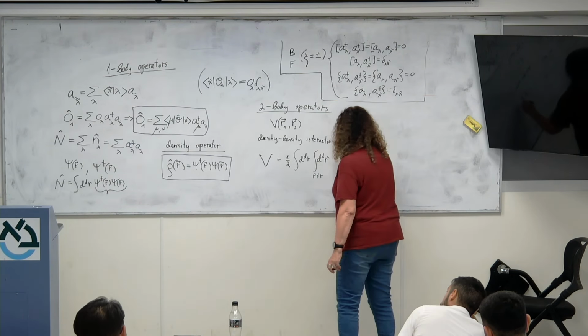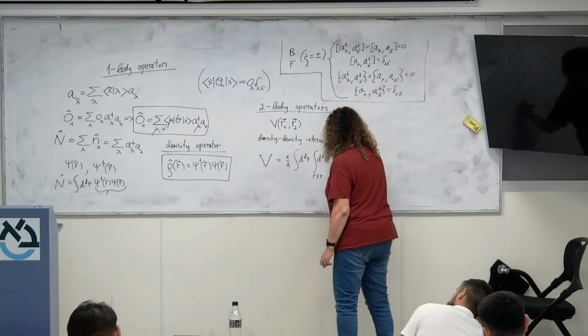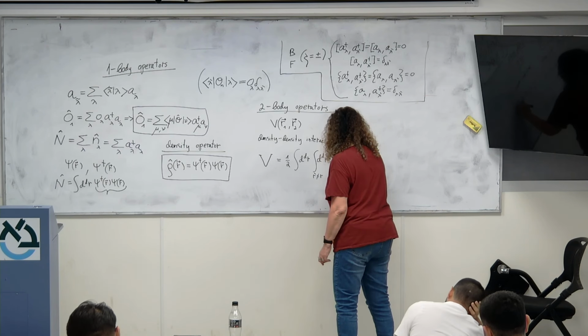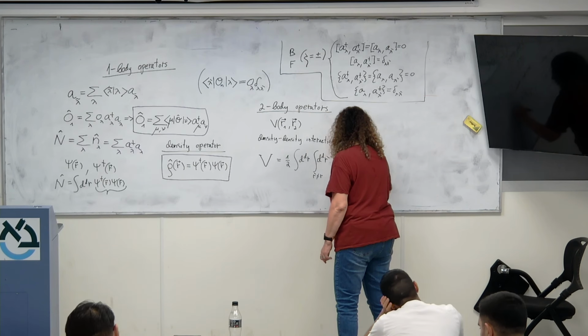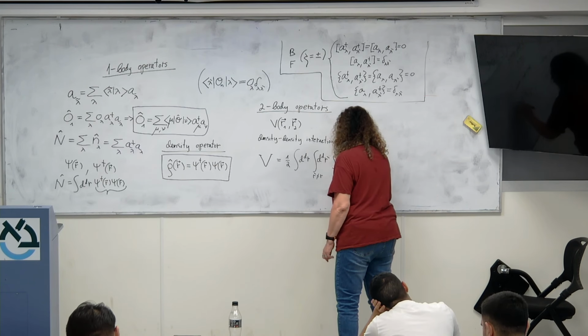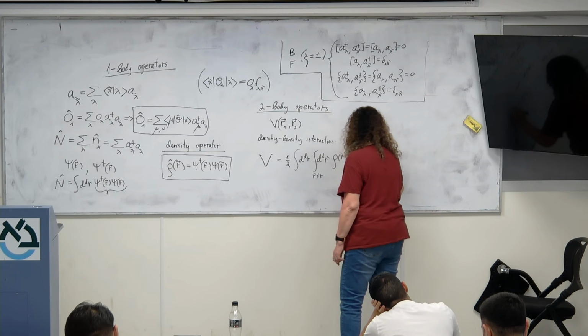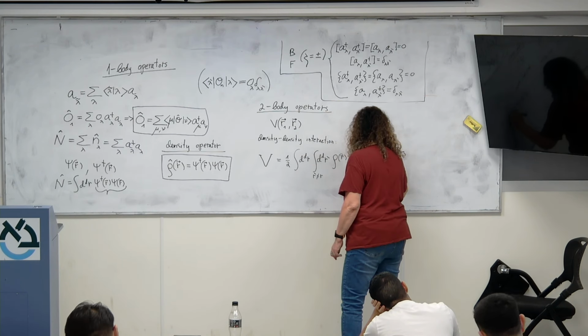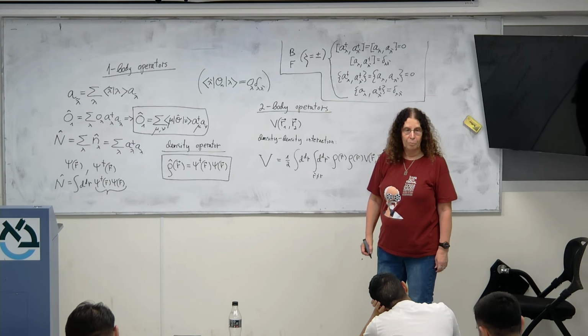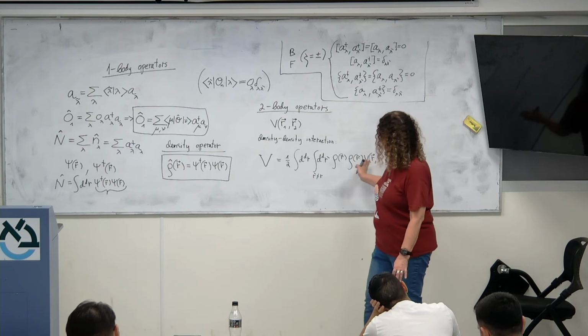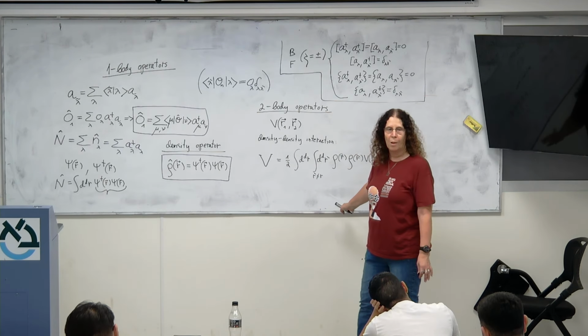And then I have rho of R, rho of R prime, you can make it a vector, and V of R and R prime. Right? This is the expression. This is something I'm sure you've seen many times, right?